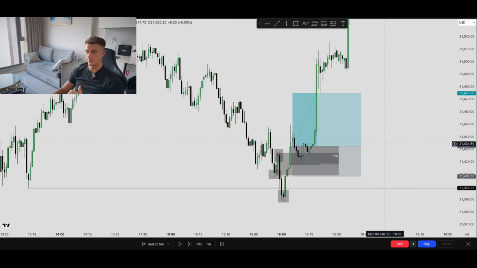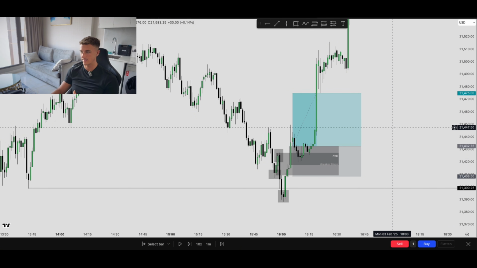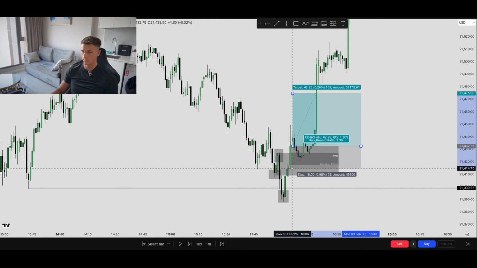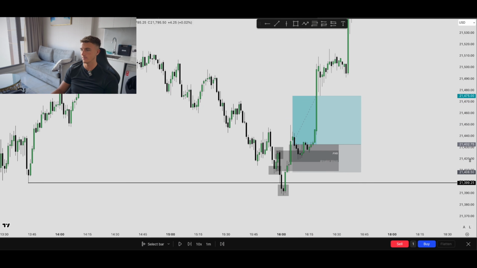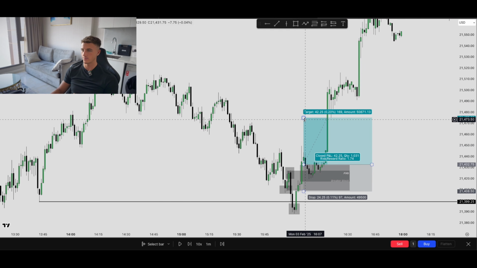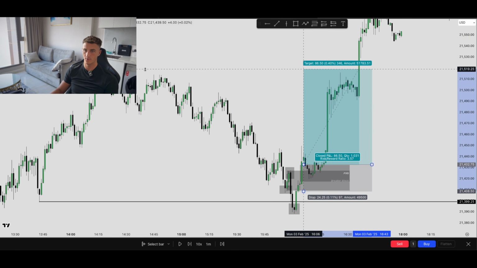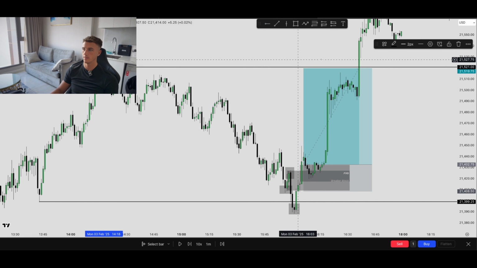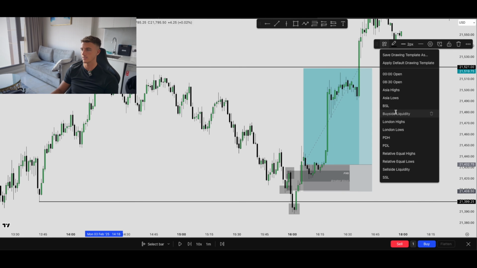Just make sure you're not risking more than 25 to 30 handles max on NASDAQ, but usually a good stop loss placement is either below the displacement candle's low, which is this second candle here, or the first candle's low, or below the breaker block, okay? So either way, we're risking around 25 handles there, and of course, target the opposing liquidity, boom, 87 handles secured, buy side liquidity swept, as you can see here, okay?